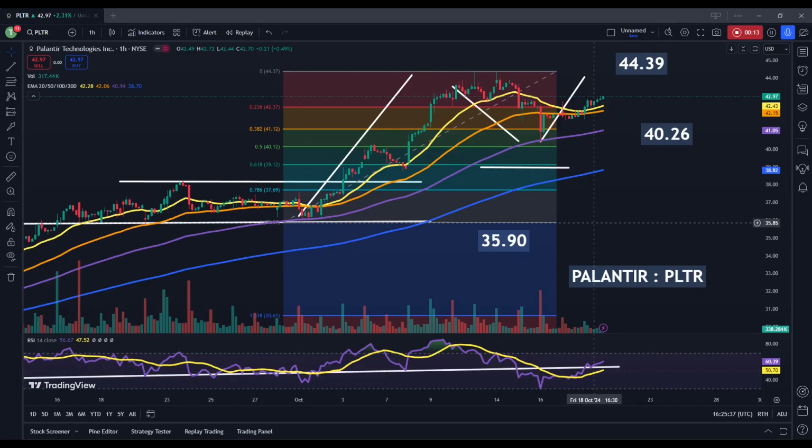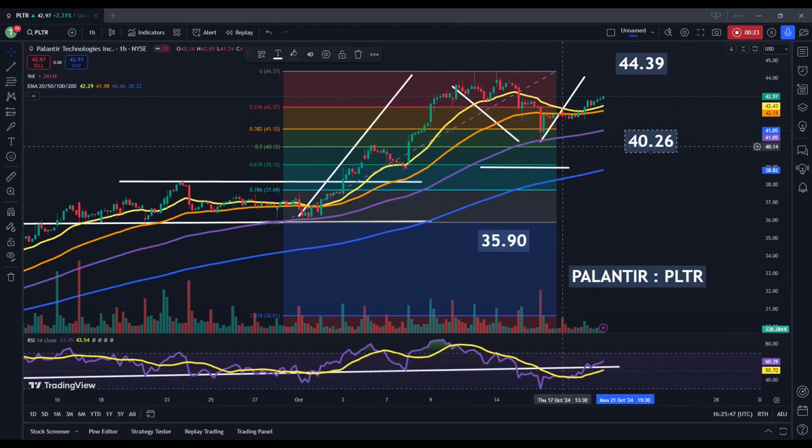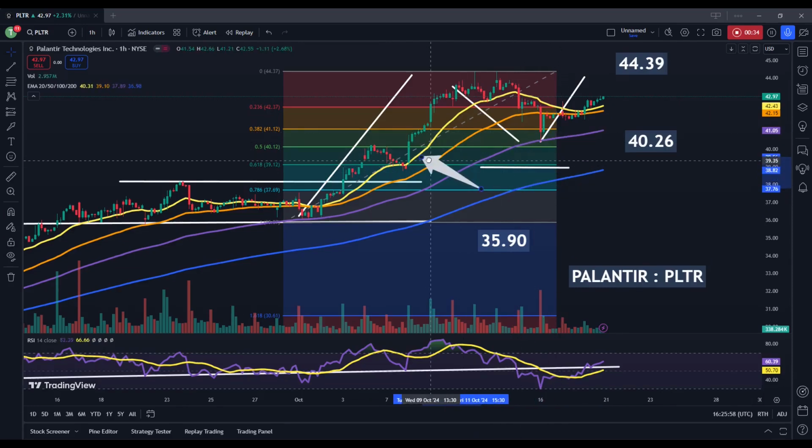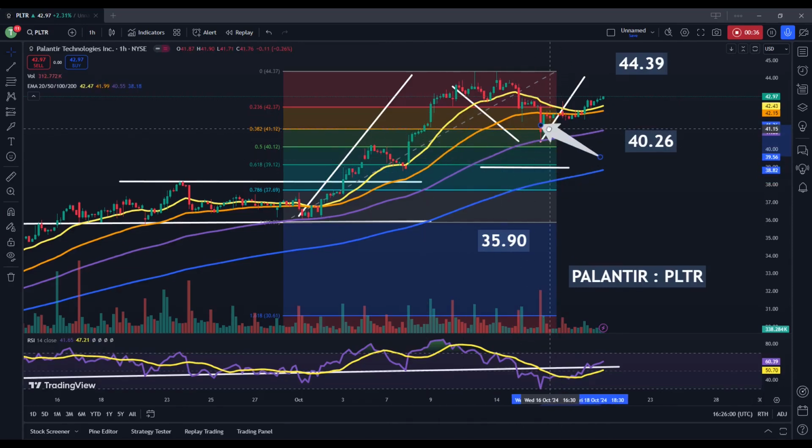And to find some more acceptable levels to start to enter into this trade, I would first be looking at this $40.26 area. This is somewhat acceptable because we do see that this was a bounce off of the 100 period exponential moving average. For this price chart, I have moved down to the 1-hour time frame, which means that each candle represents a 1-hour trading period.